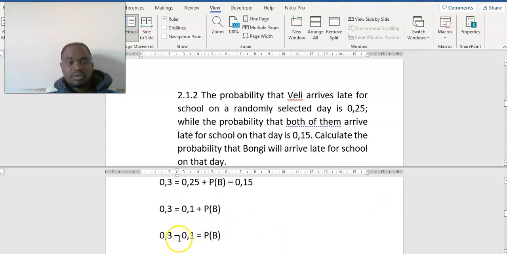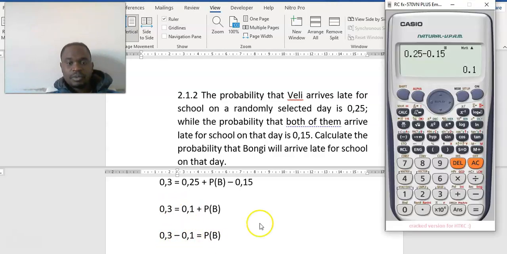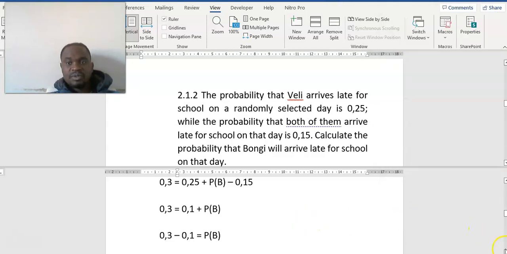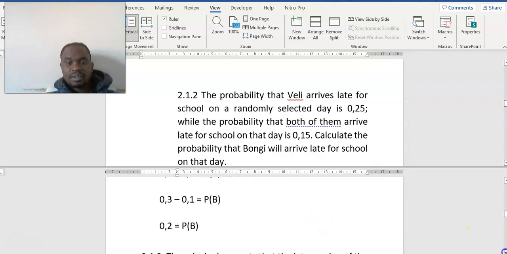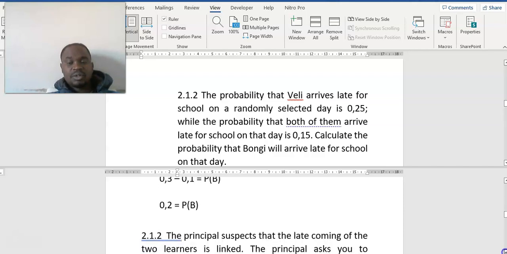It is going to be 0.3 minus 0.1. So if I transpose, what am I going to have? 0.3 minus 0.1, and this one is going to give us 0.2. So the probability that Bongani will arrive at school late is going to be 0.2.